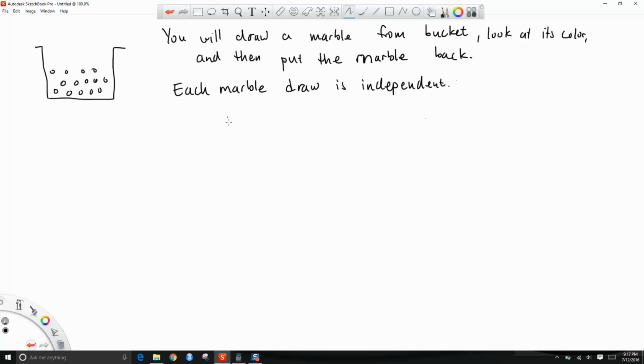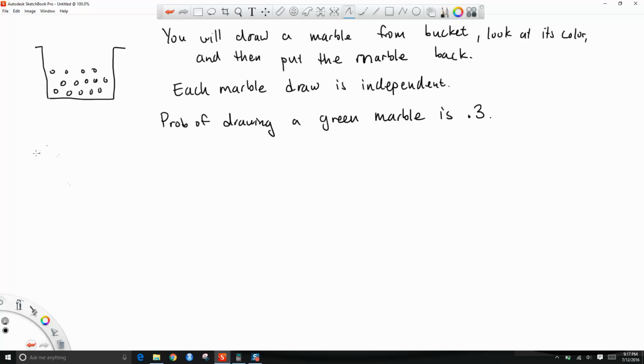Okay, so let's say the probability of drawing a green marble is 0.3. So we'll say there's a 30% chance that you draw a green marble from the bucket. Okay?